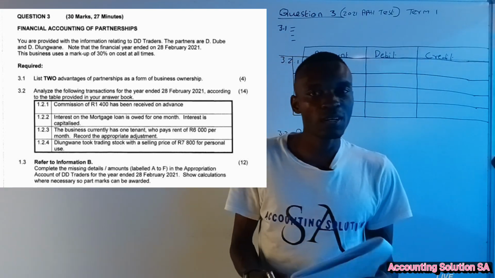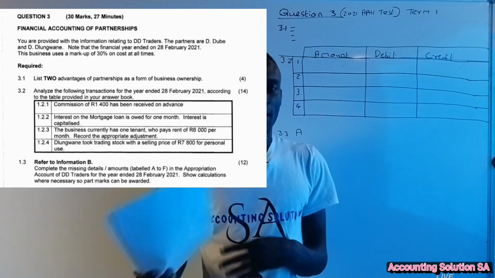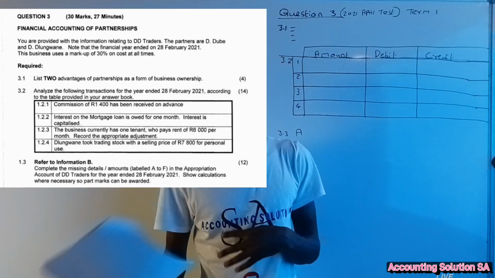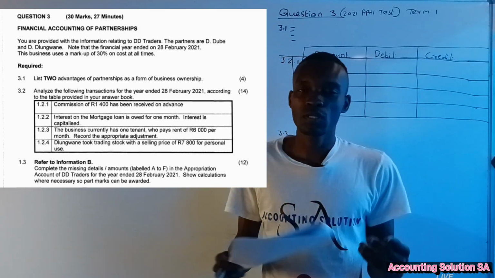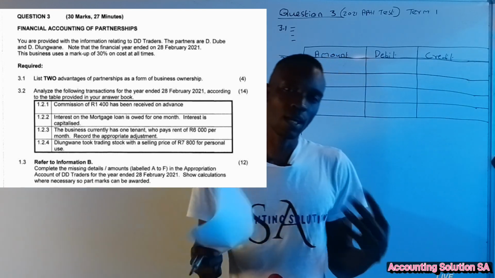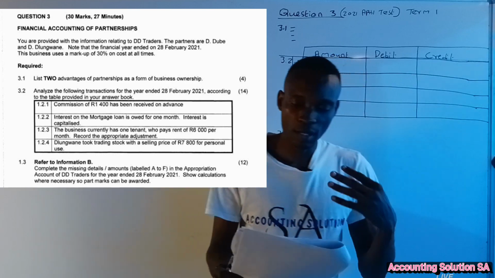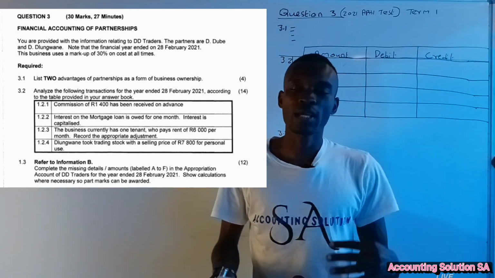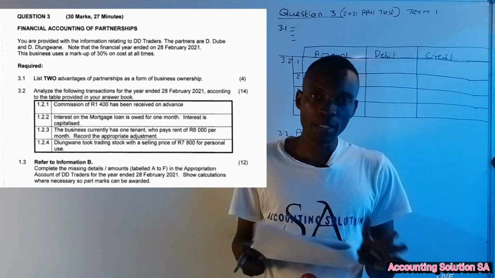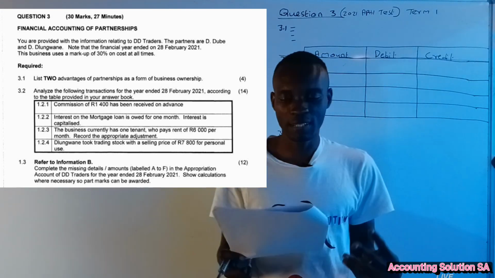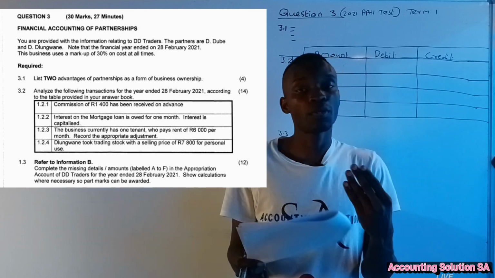I think you know this one even from grade 10, because in grade 10, under business studies, you did advantages, characteristics and disadvantages of different forms of ownership. But for grade 11 in accounting, we only focus on partnership. Now let's look at the advantages. They are looking for only 2.